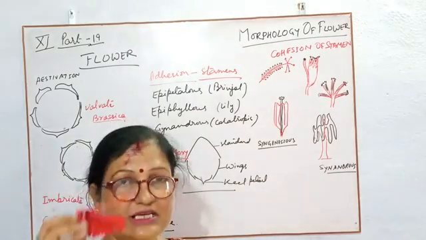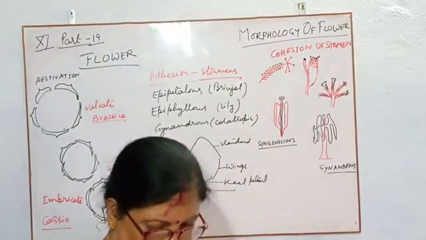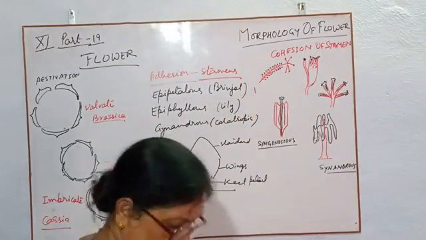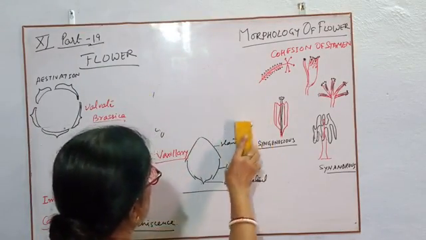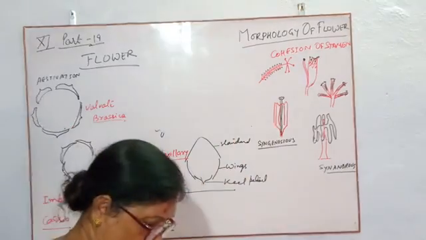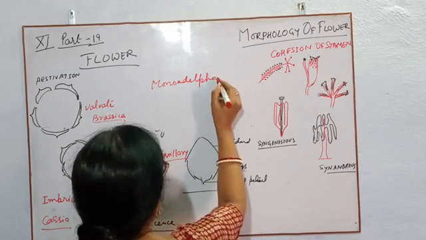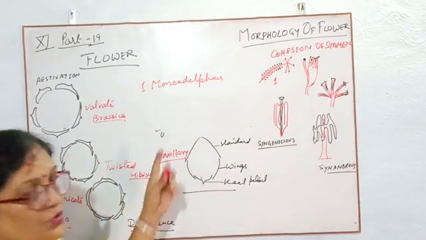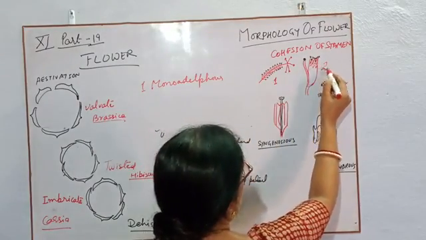So all the anthers are joined in one group only. So this is known as monoadelphous. This is number 1. Monoadelphous.